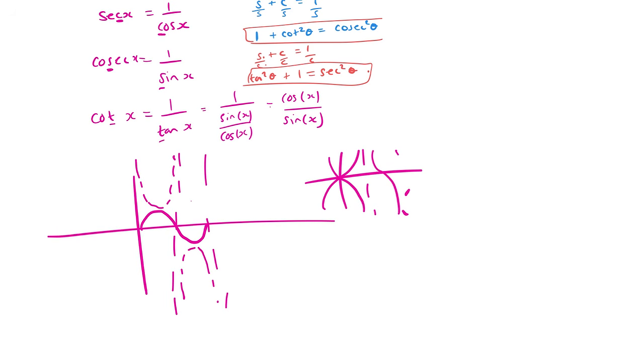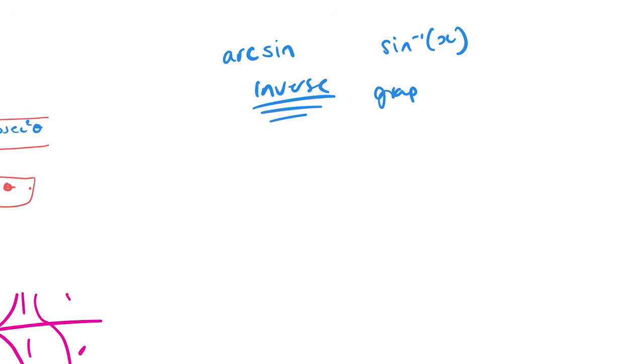The other ones we need to know as well are the arc functions. Arc sine is actually when we do the sine minus 1 in our calculator. So arc sine is the inverse, and let's just get this straight: this is the inverse of what sine is. Now, inverse with the graphs, remember, they are always a reflection in the line y equals x.